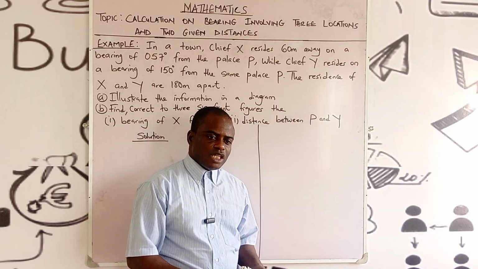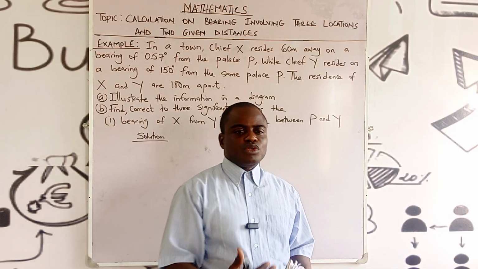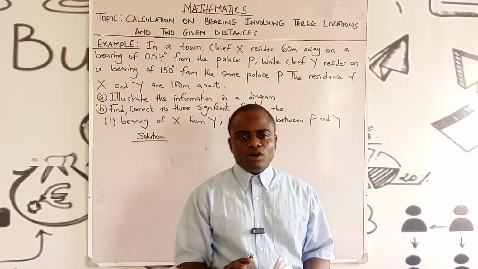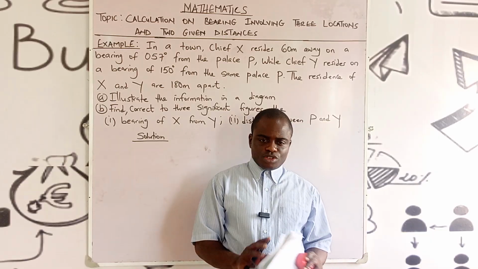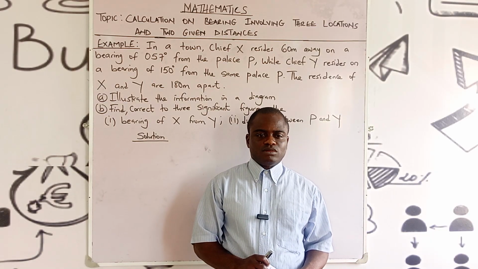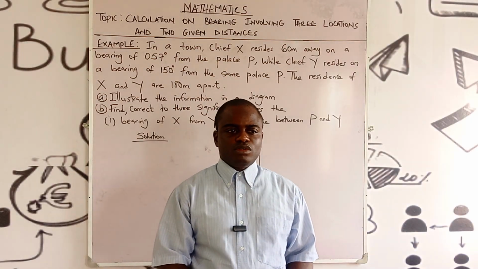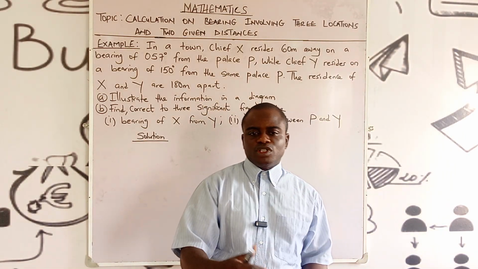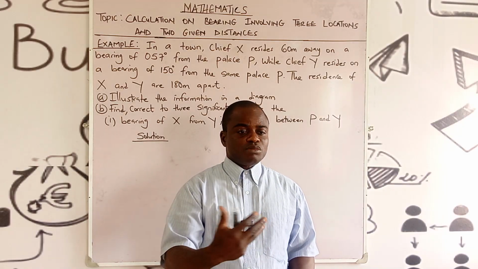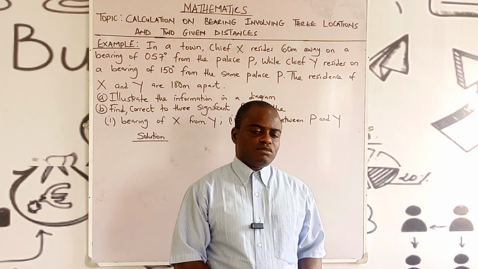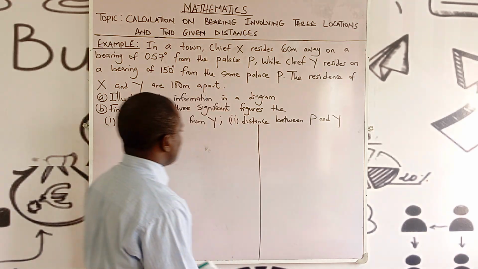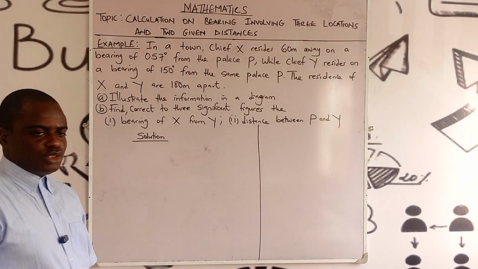It will give you the clue of what the question is all about. It will give you the insight to the formula to use, whether it is the sine rule, the cosine rule, or Pythagoras theorem. The diagram will show you what formula to use.